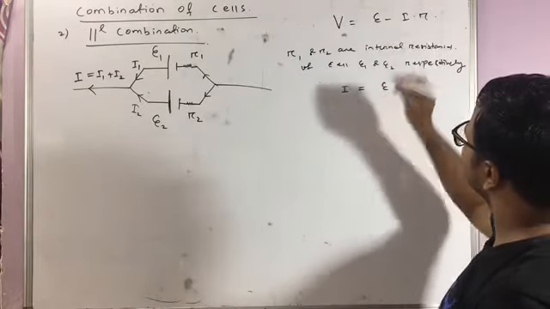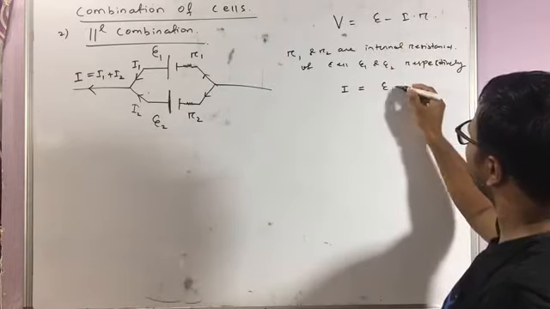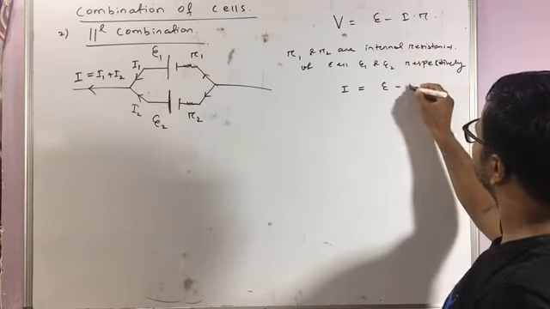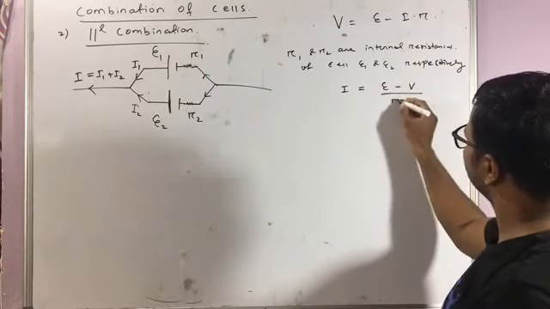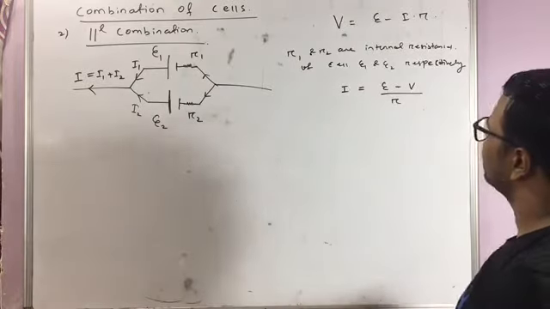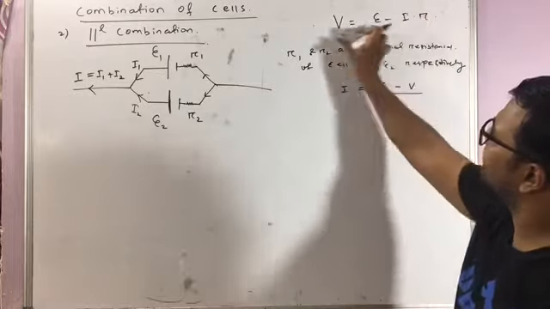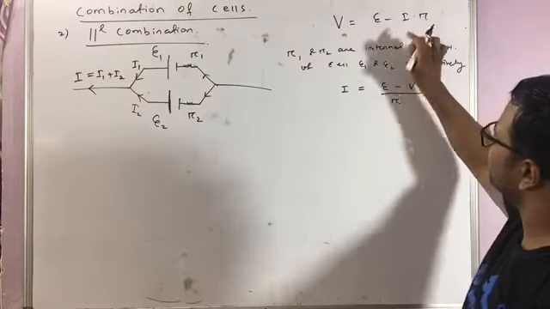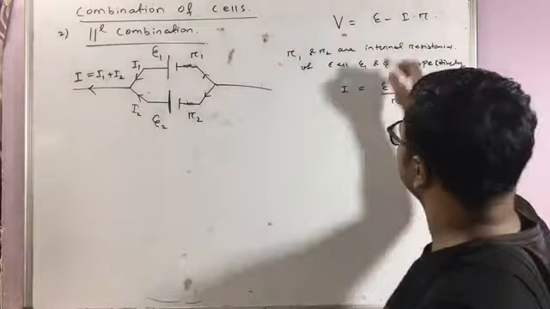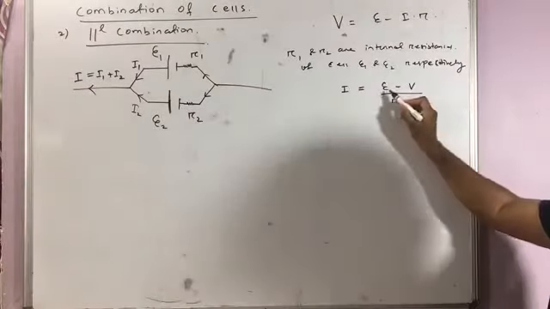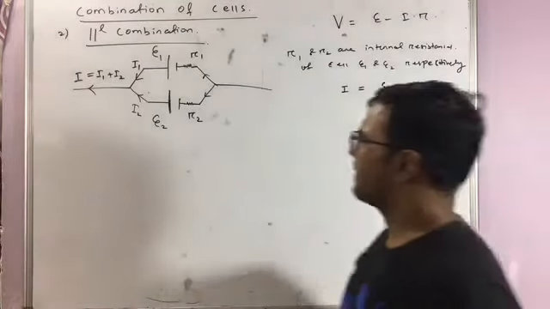E minus V by R. From this equation, this term will be taken to the left side, V will come here and R gets divided. From this equation you can find I is equal to E minus V by R.